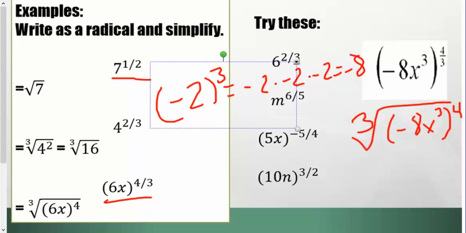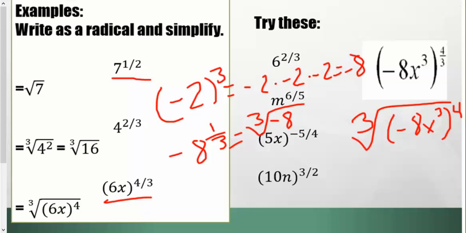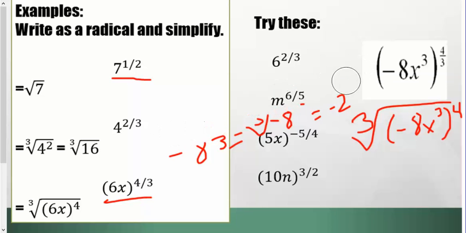The same way, if I were going to take negative 8 to the 1/3, we know that's just going to be the cube root of negative 8, or just negative 2. So it works both ways, and that works only if we're dealing with odd roots. So 3, 5, 7, and so on. We're not going to be taking a first root or anything like that.